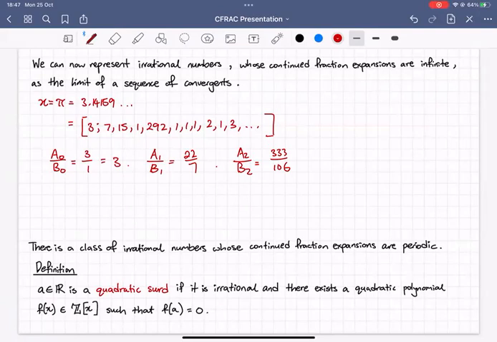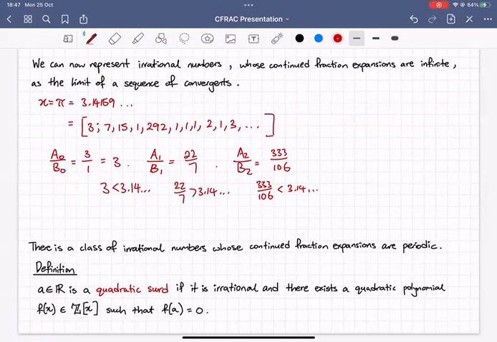That means 3 is less than pi, but 22 over 7 is a little bit greater than that. And then this convergent is a little bit less than that. And so as you keep going, you get closer and closer to the actual decimal representation of pi.